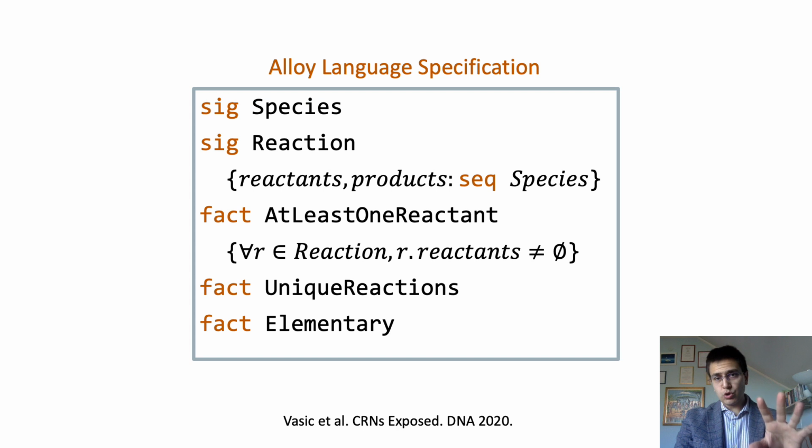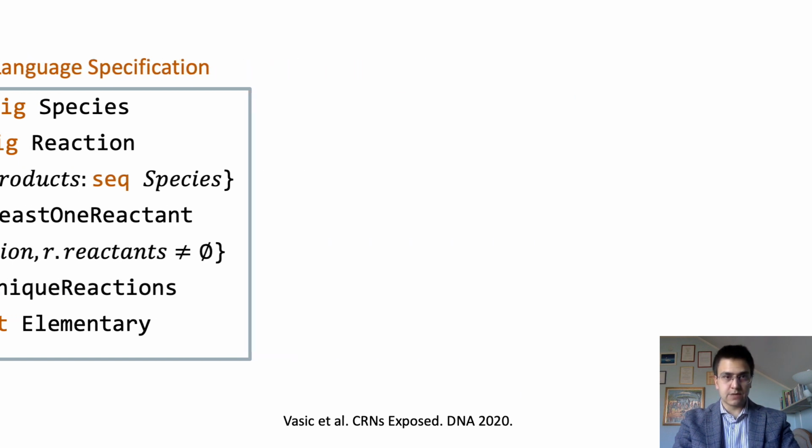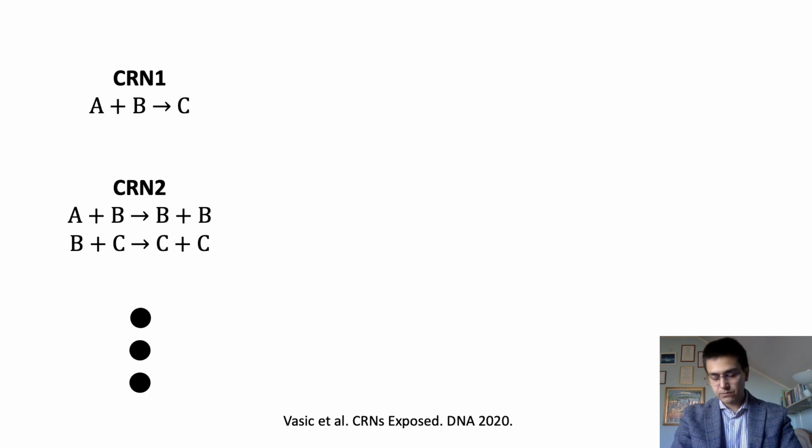Given the model of CRN we wrote, Alloy allows us to translate this to Boolean logic. And then from Boolean logic we can input it to a SAT solver, which will give us all instances that satisfy our specification. In that way, we can enumerate all CRNs that satisfy it, which we do.